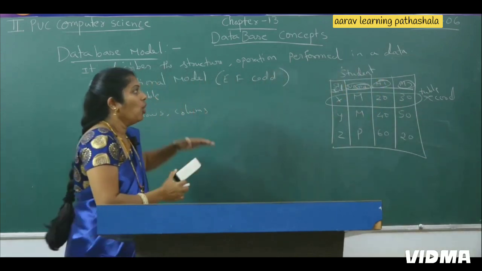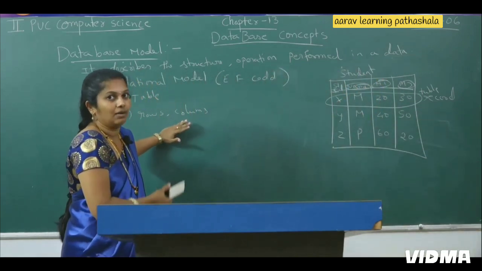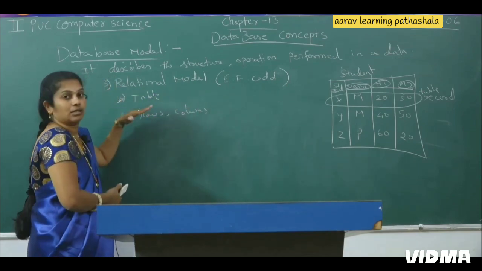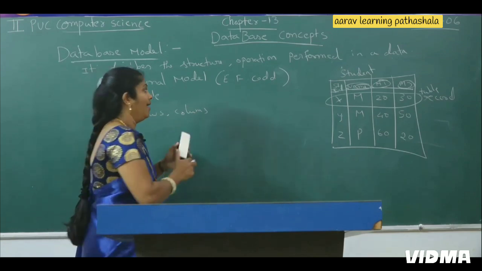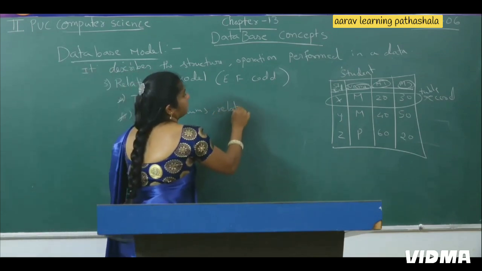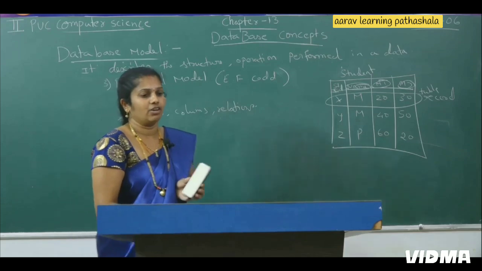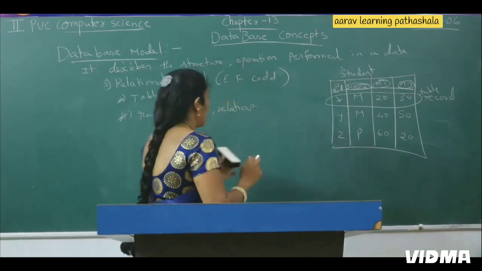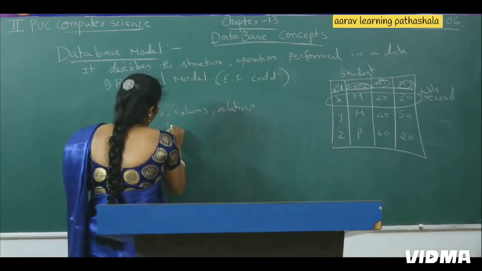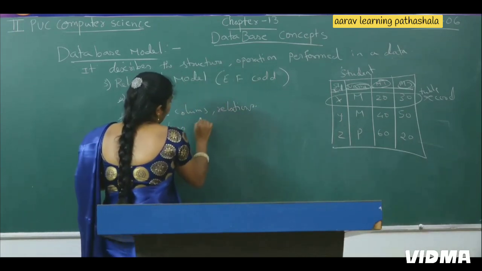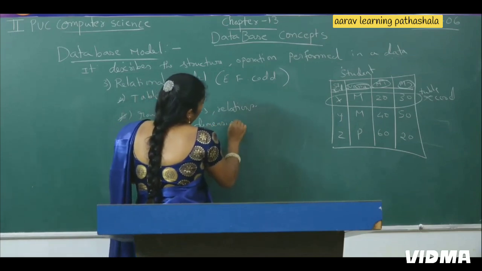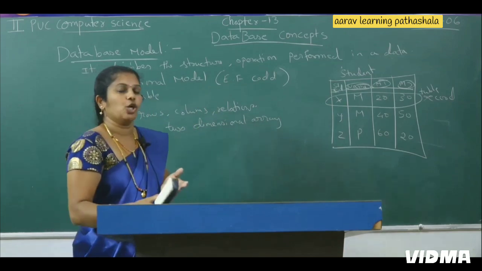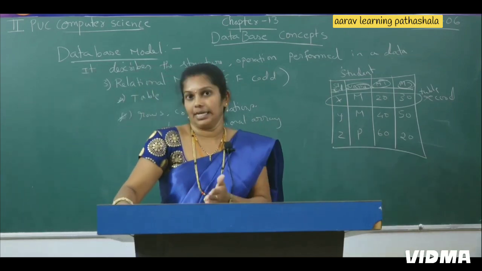Like that, we have all the features of a table, the same here in the relational model: records, rows, columns, and relations. Mainly it stores data in two-dimensional array format. Now it's clear. And in this also we have a few advantages as well as disadvantages.